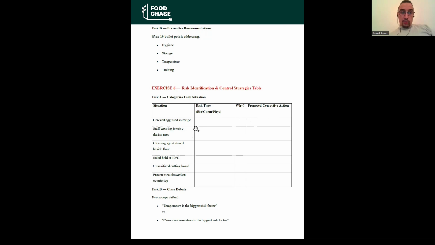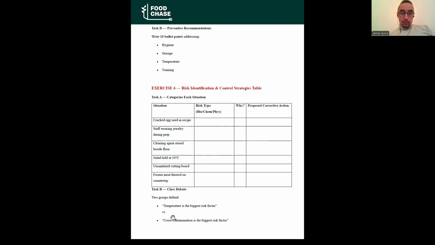For example, for cracked eggs used in a recipe, the risk is a biological hazard, and the corrective action is to discard them. Or for a cleaning agent near flour, chemical hazard, store separately as the solution. That is for the first task.